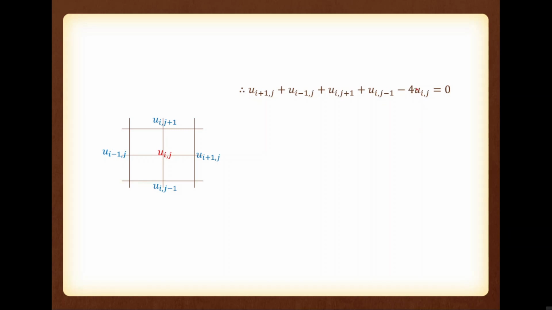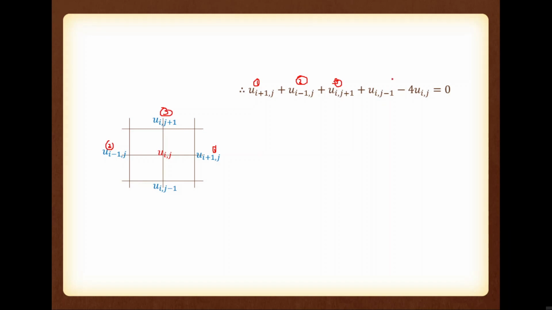So what we can do? Please note, this u(i, j) is this red color point. Now this point u(i plus 1, j) is this one, so this is the first term. u(i minus 1, j), this second point is this one. u(i, j plus 1) is this point.